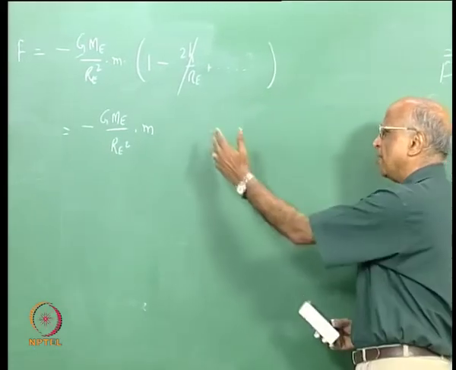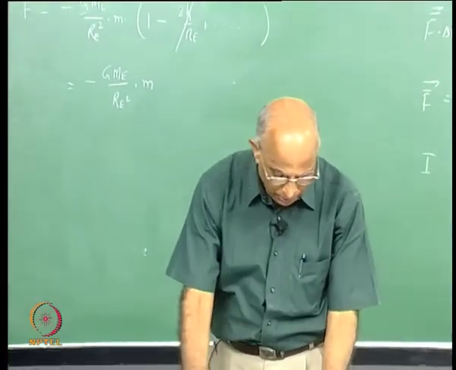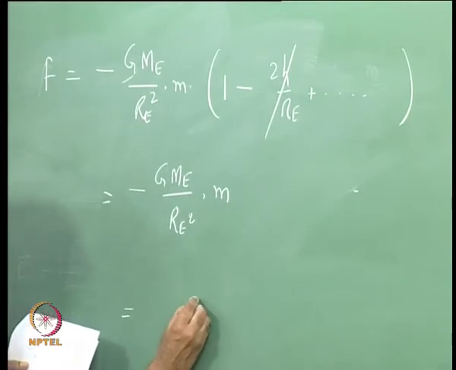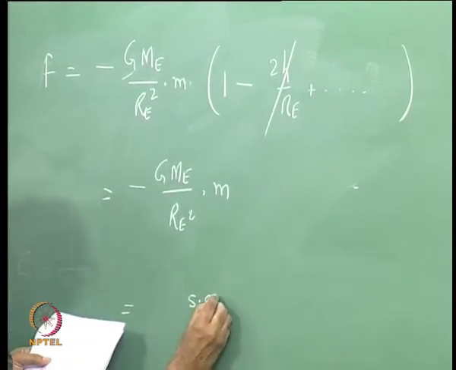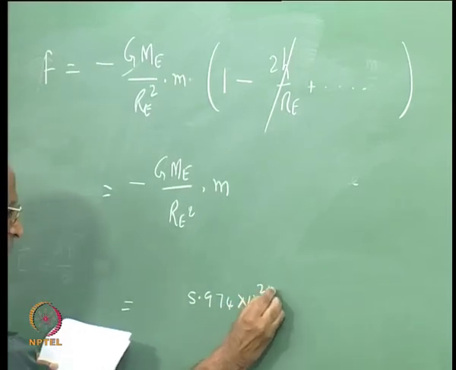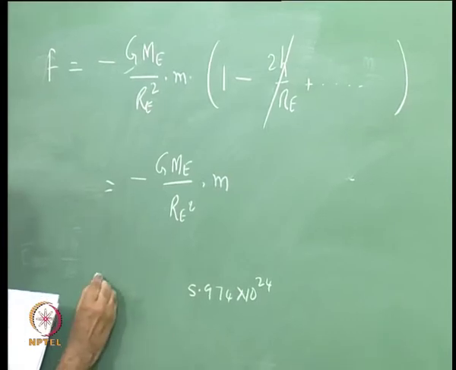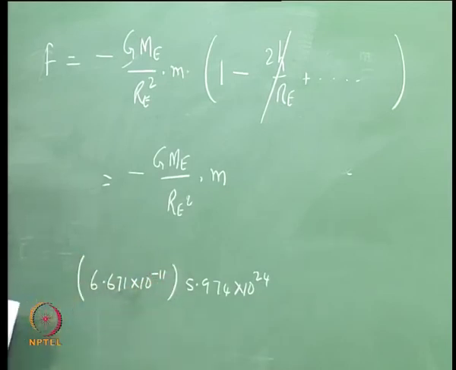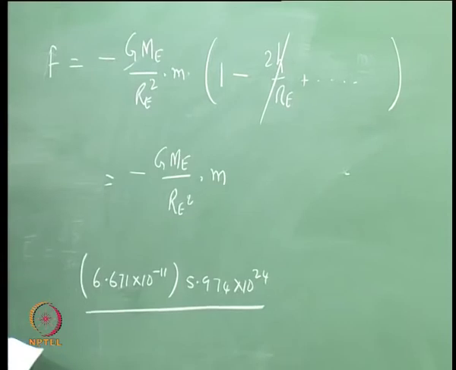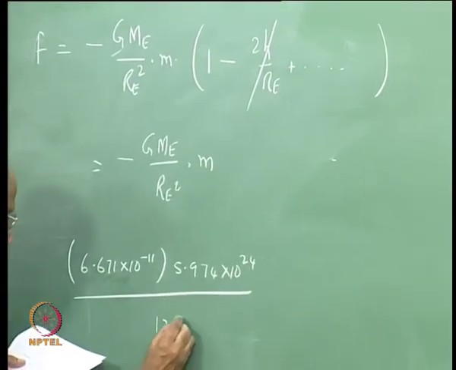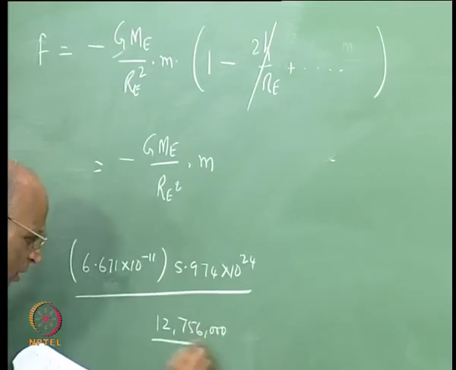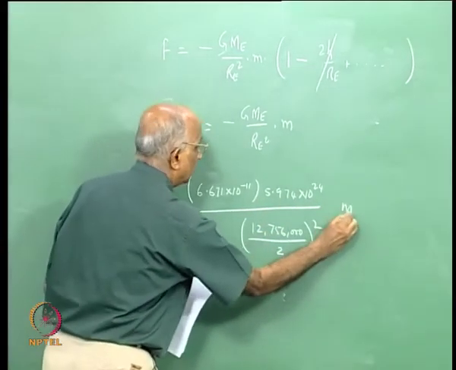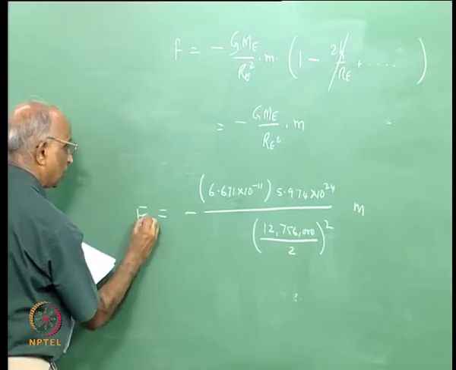We just told ourselves the mass of the earth is how much? We gave the number 5.974 into 10 to the power 24 kg, the value of G was 6.671 into 10 to the power minus 11, and the radius of the earth was 12,756 kilometers times 1000 divided by 2, radius square, into m, which is the value of the force.